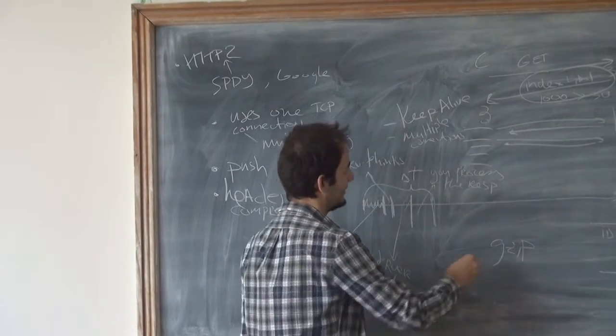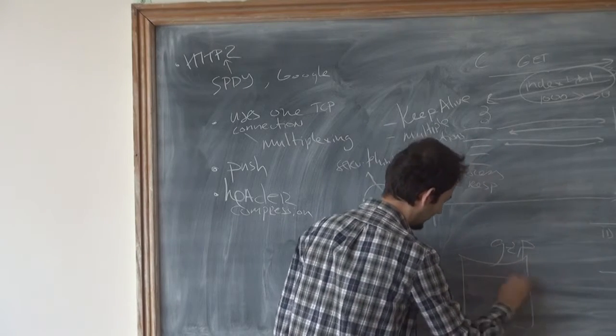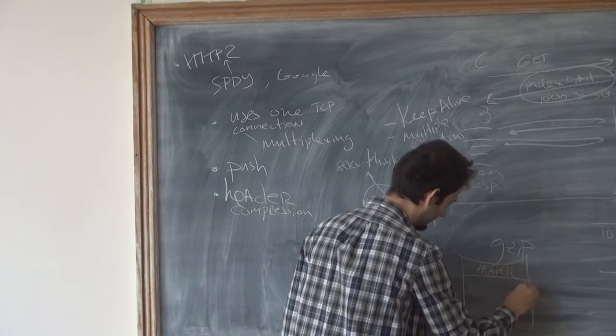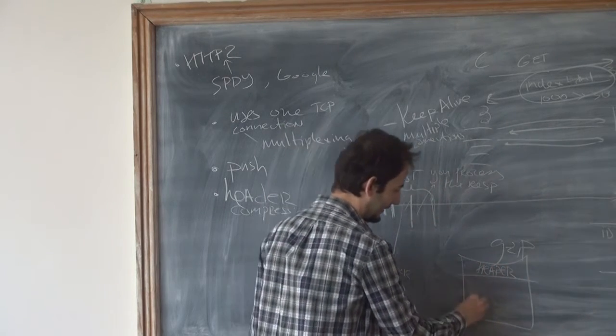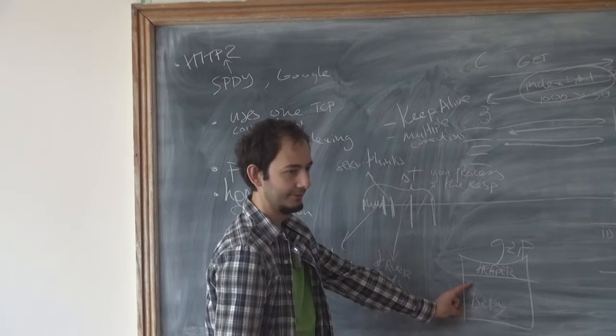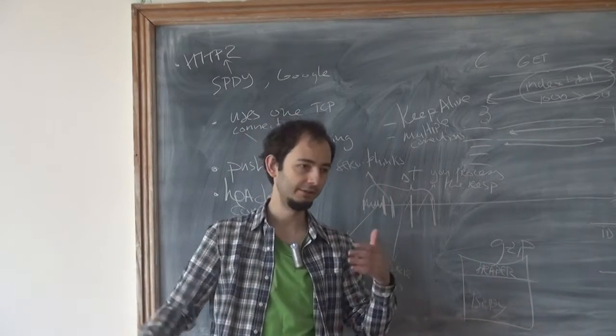So when it sends the response, it will have a response header and then the payload or the body. So the body is compressed, but the header is always uncompressed.